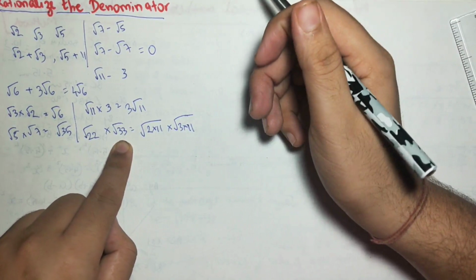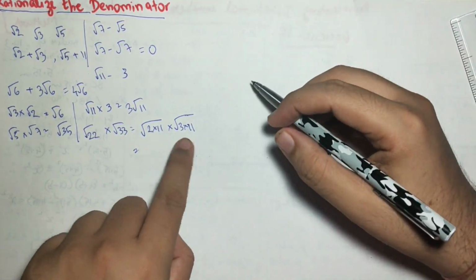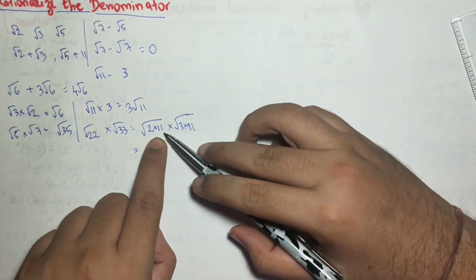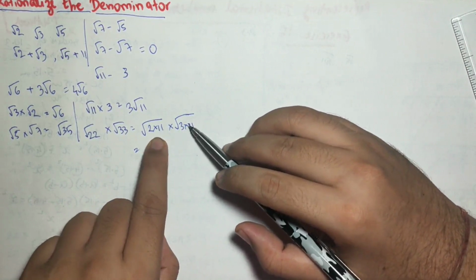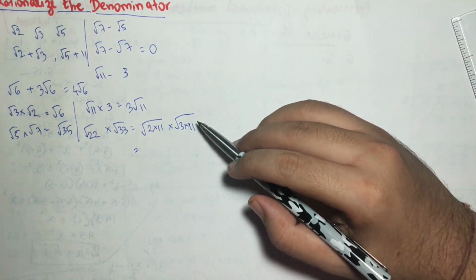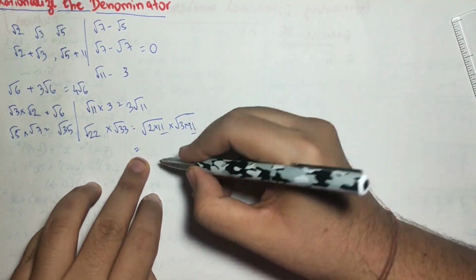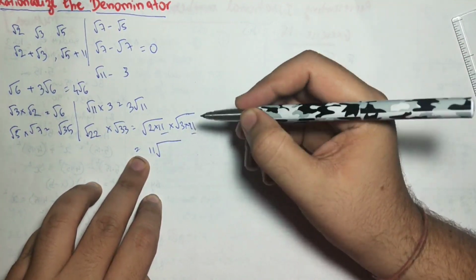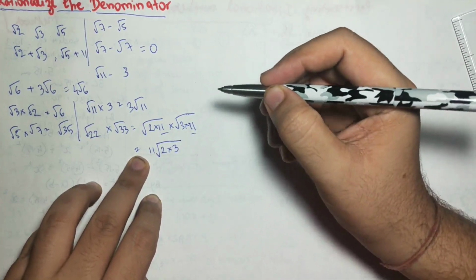Why I have converted them into prime factors is that if you multiply them, as you can see, 11 is forming a pair. If 11 is forming a pair, it will come outside the square root sign, as we did in the 8th standard square root chapter. 11 will come outside the square root sign, and under the square root only 2 multiplied by 3 remains.